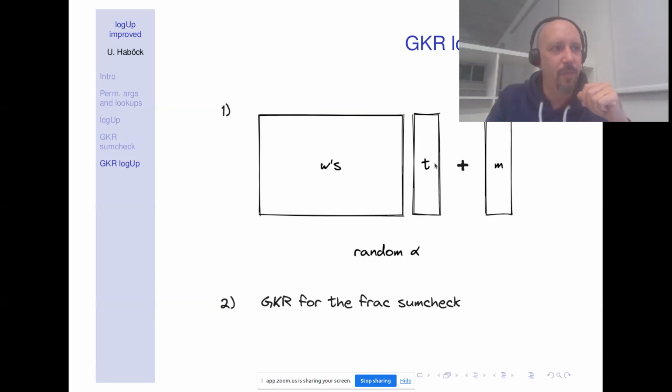The numerator of the m over t minus alpha, that's the numerator for the table part, is m, the denominator is t. So the bottom domain of that circuit is a hypercube that is large enough to host the witness sequences and the table sequences.